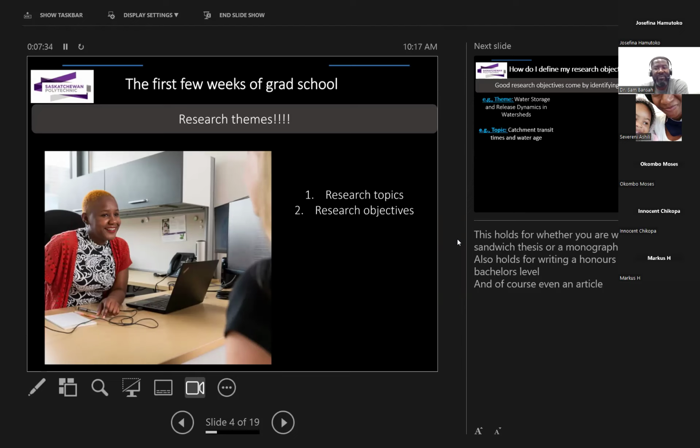This process holds whether you are writing a sandwich thesis or a monograph. Even an honours thesis, students at the bachelor's level will go through this process. So the whole aim is to get a compact document that could be used for something later. And in this case, our idea as grad students or early career researchers is to produce an article.